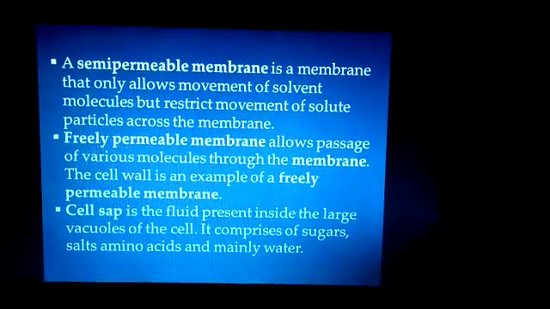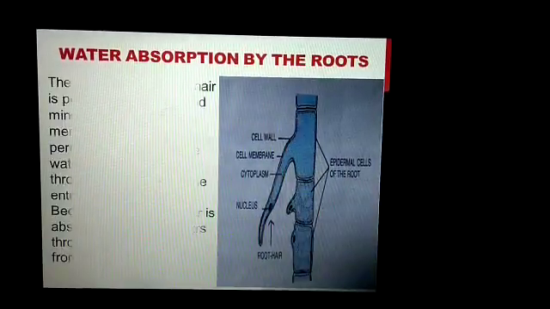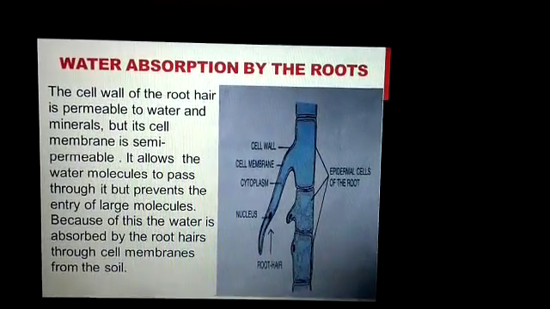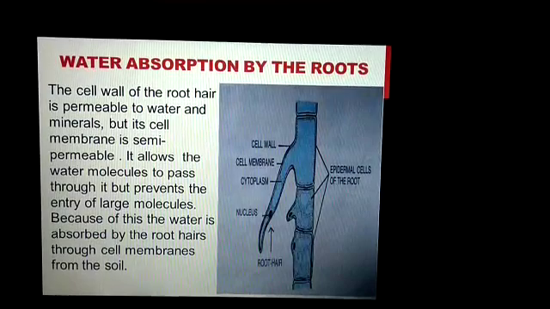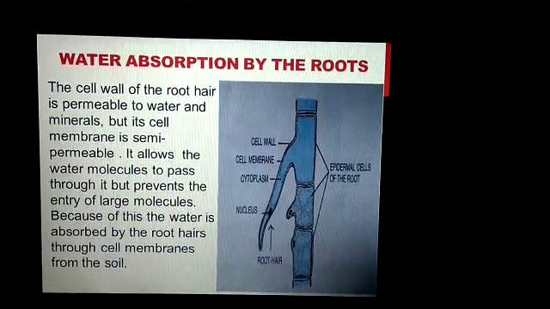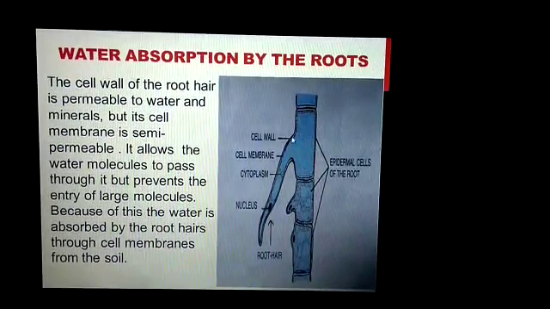After these terms, the next is water absorption by the roots. As you can see in the picture, this is a highly magnified root hair. You can see the root hair has a cell wall.